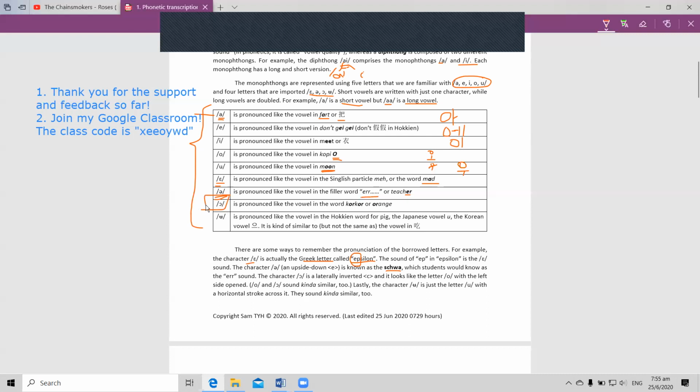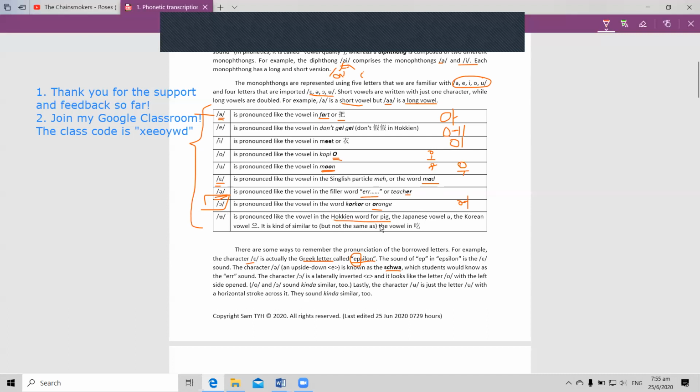Next, we have this thing here. This is pronounced as or, like in the word koko, or the word orange. In Korean, it is this character, if you know Korean. And the last monophthong is this one.